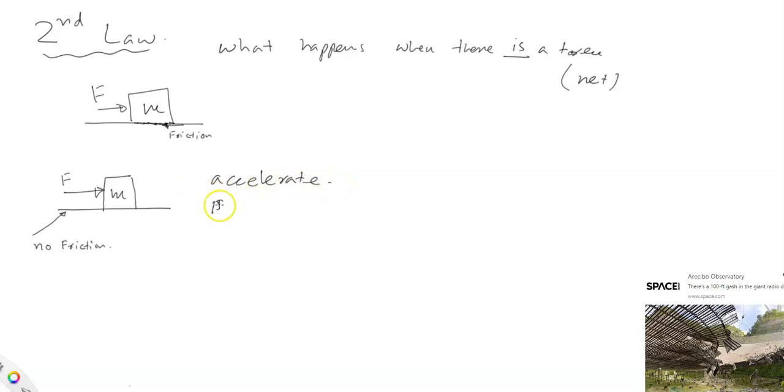Net force creates acceleration, and we can say that this acceleration is proportional to the net force. I'm going to write F net to indicate that's the net force.